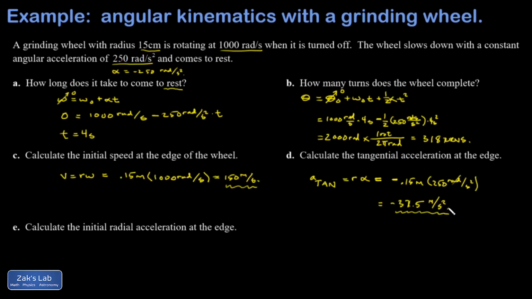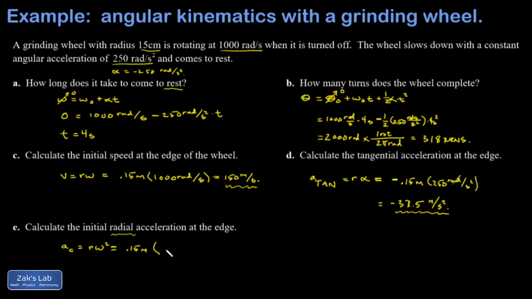Part E, calculate the initial radial acceleration at the edge. The radial acceleration is the centripetal acceleration. It points to the center to keep this thing moving on a circular path. So I'm going to pick the formula R omega squared. You could use V squared over R if you like. And I get 0.15 meters for the radius.